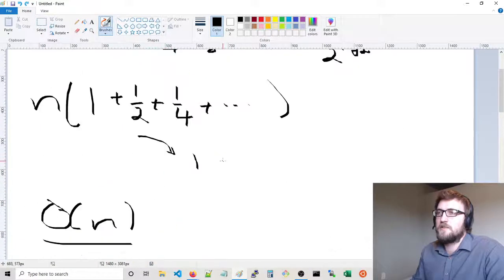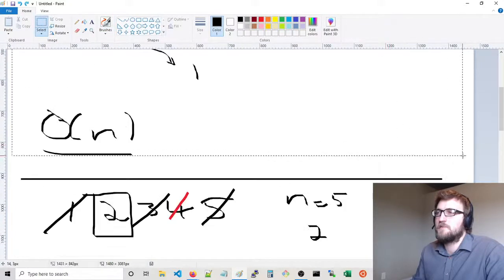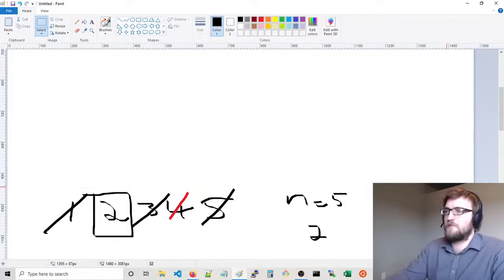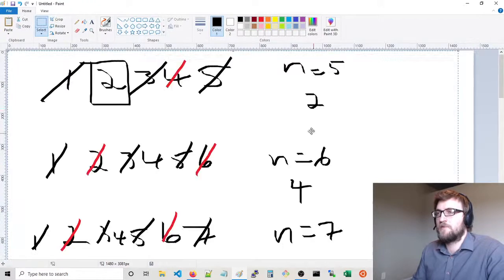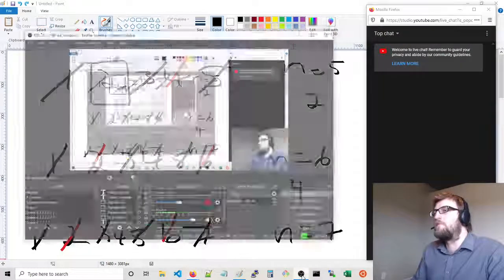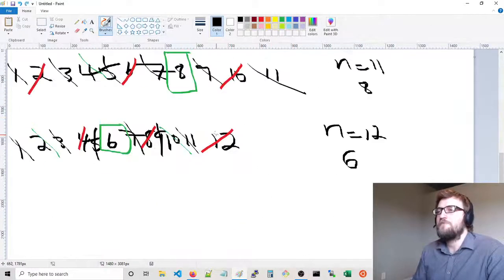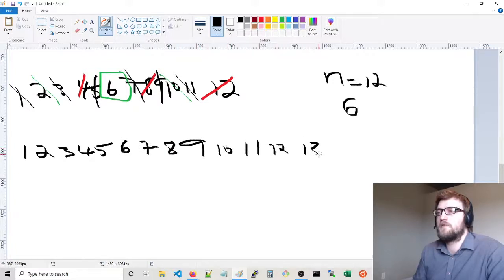Okay. Let's get rid of this. We don't need to do this analysis anymore. We don't even need this part. Okay, so we keep going. 13. 1, 2, 3, 4, 5, 6, 7, 8, 9, 10, 11, 12, 13.